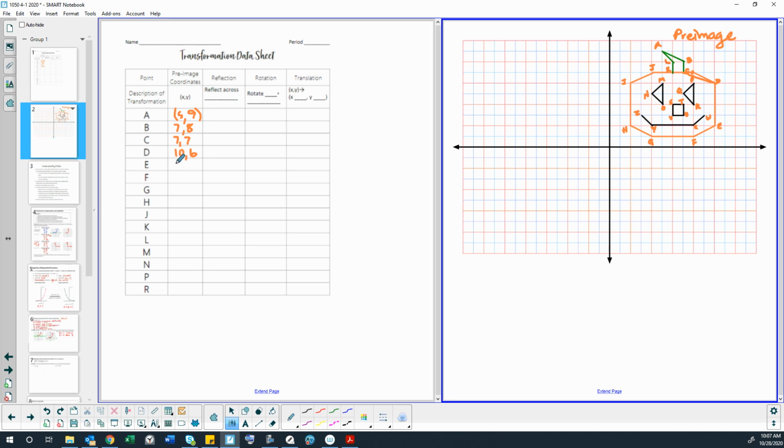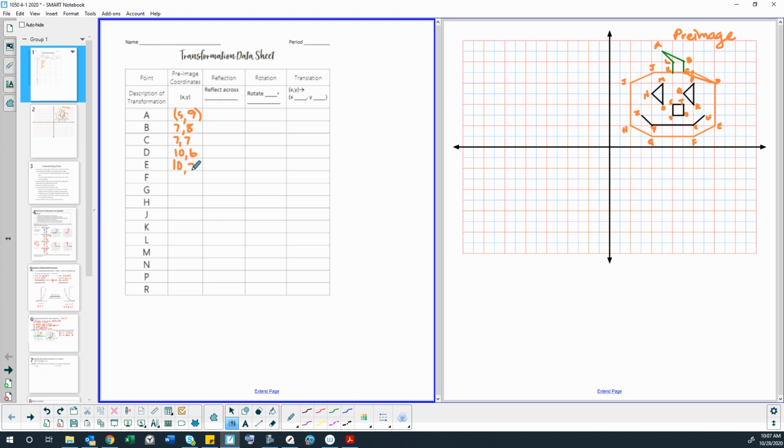E is at 10, 2. F is at 8, 1. G is at 4, 1. H at 2, 2. I is at 2, 6. There is no I. Well, that's weird. Okay, J is at 4 and 7, I think.